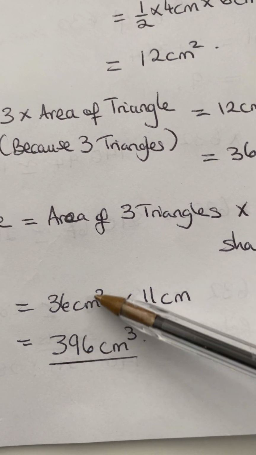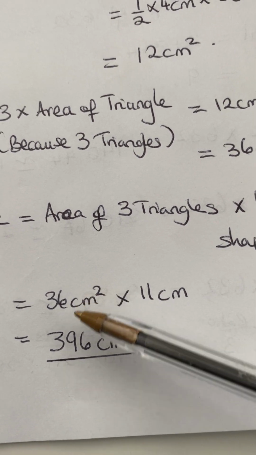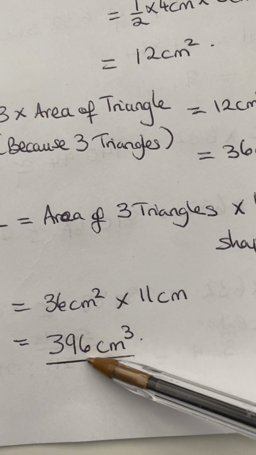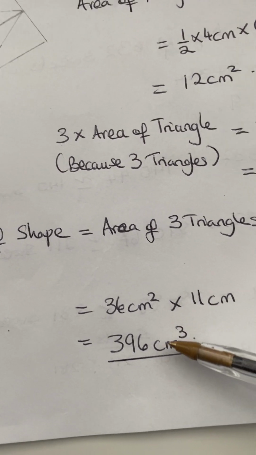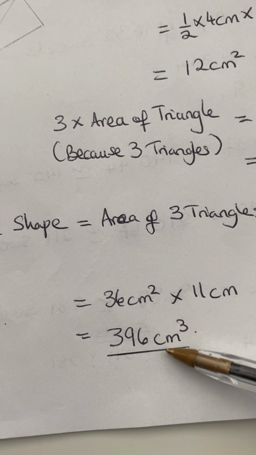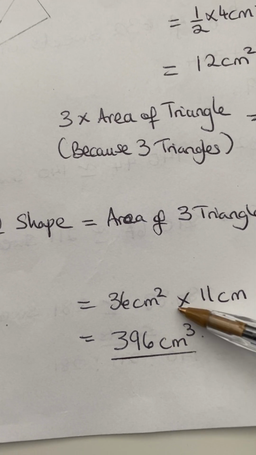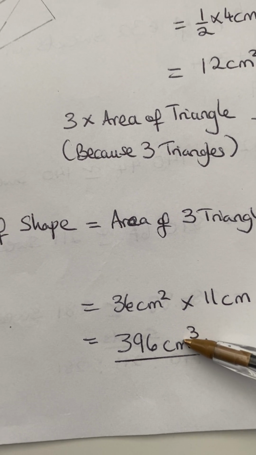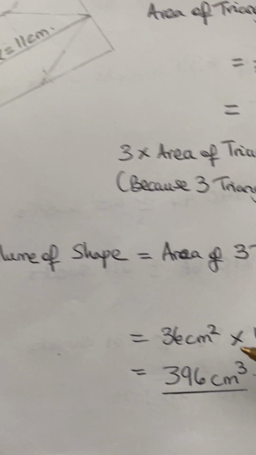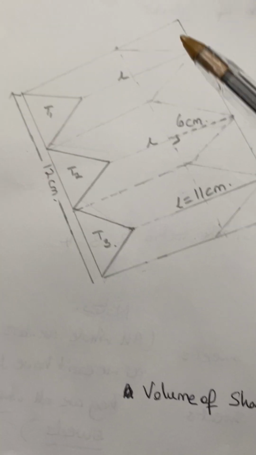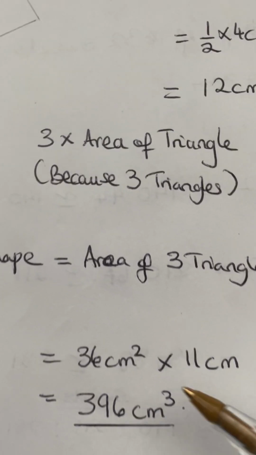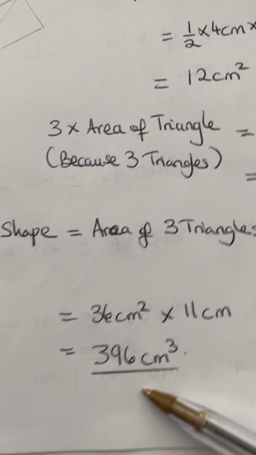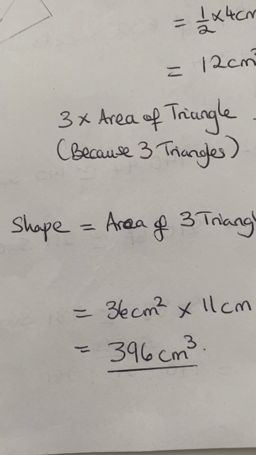When you do it correctly on the calculator, you have 396, and the unit of volume is centimeter cube, because they've given us all the readings in centimeters. So the volume of this shape here is 396 centimeter cube.